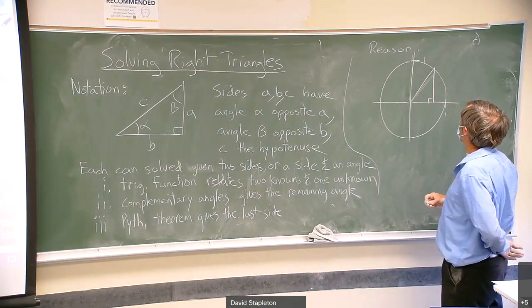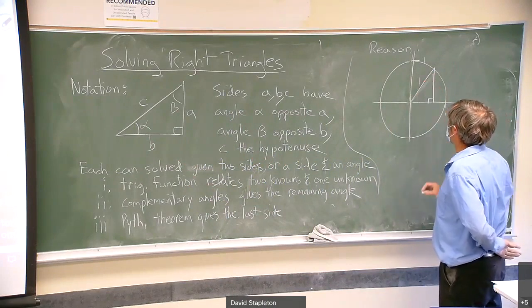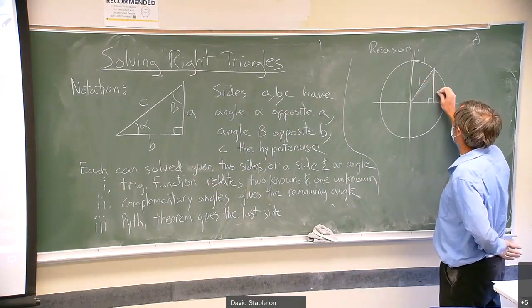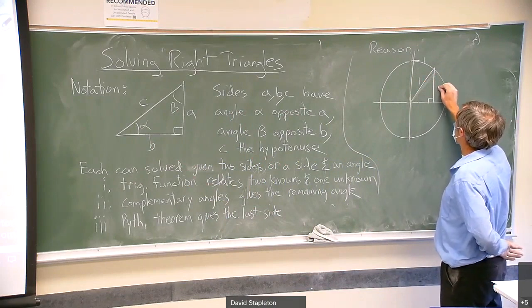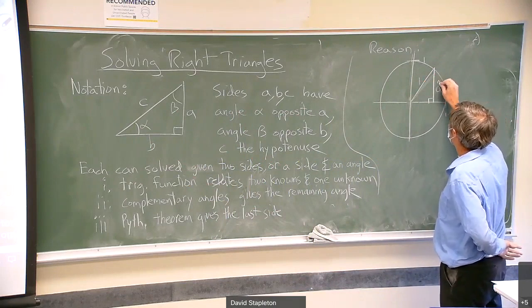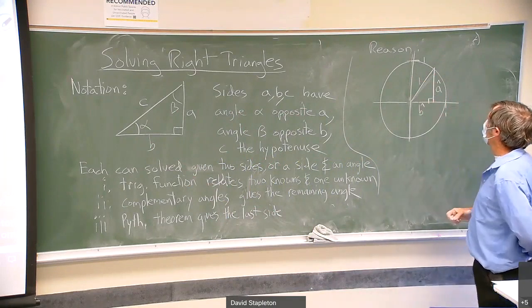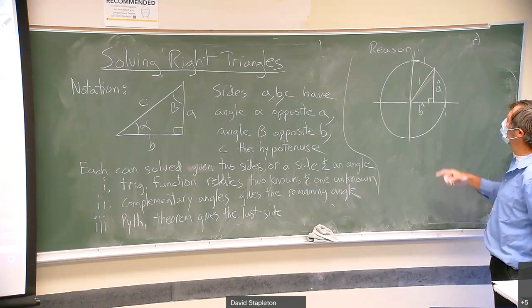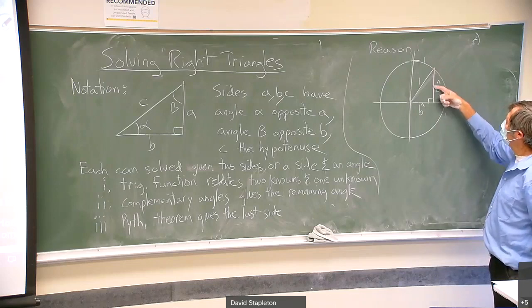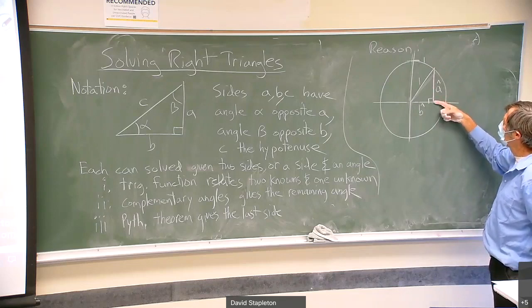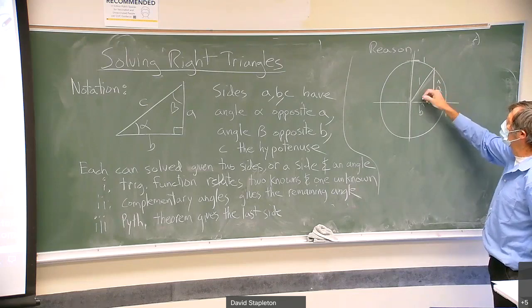And because it's a unit circle, this side is 1, right? And now I can call this side A hat, and call this one B hat. And we noticed from the construction here that A hat, being the y coordinate, is the sine of this angle.